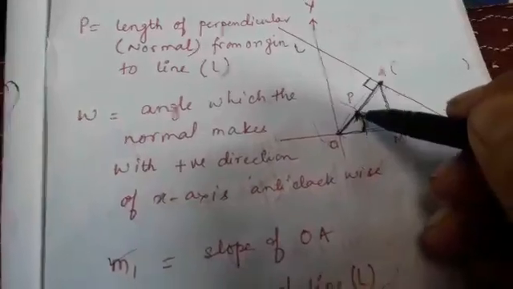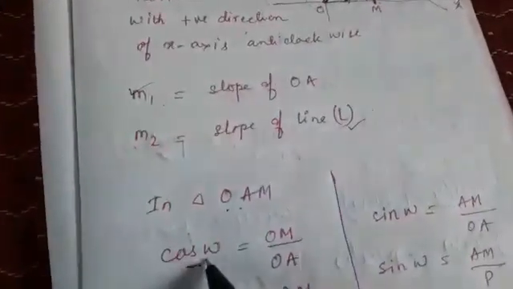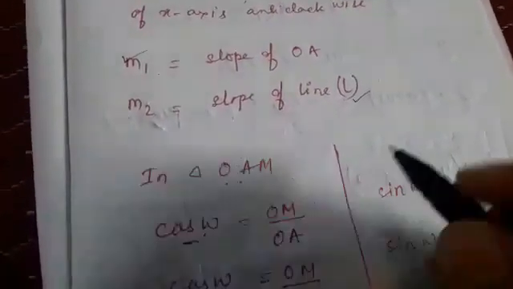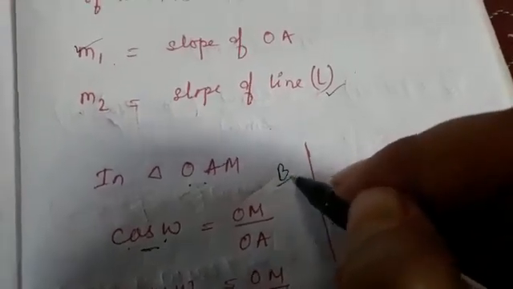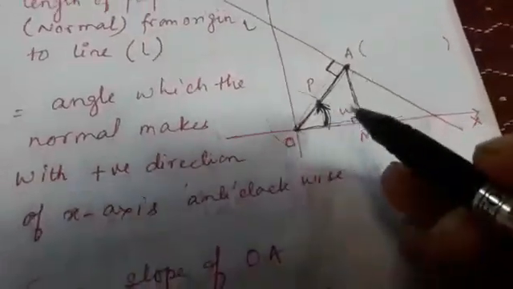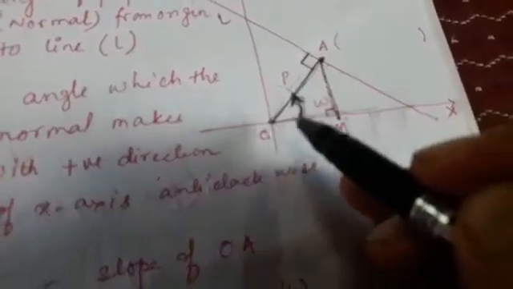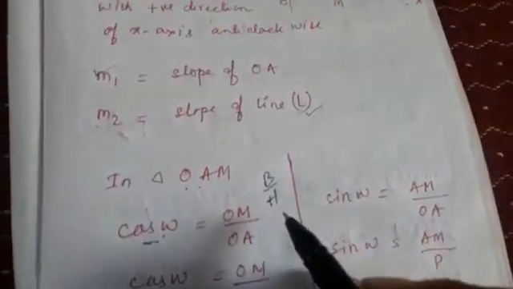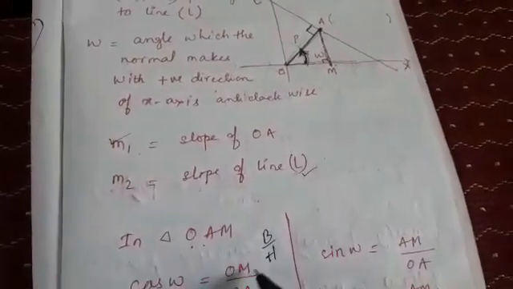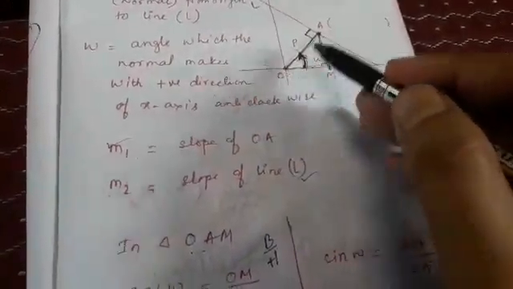if I take cos of this angle, cos theta is base by hypotenuse. Here theta is omega, so cos omega is base by hypotenuse. The base is OM and the hypotenuse is OA.